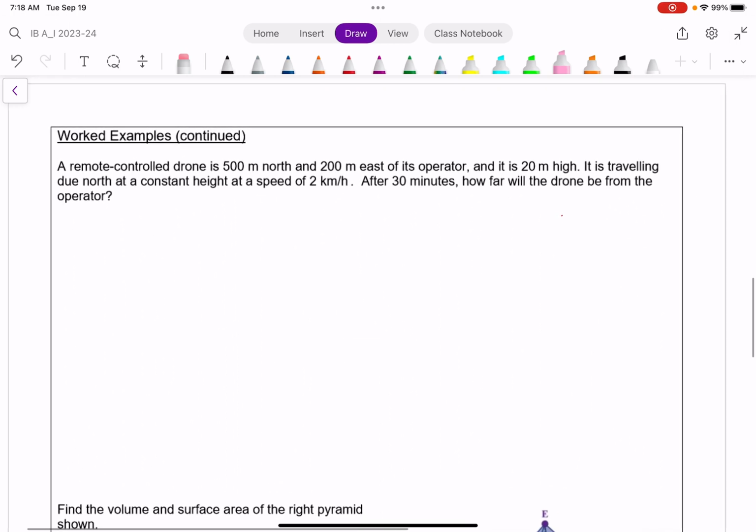All right, so here I want to think about a situation in 3-dimensional space. I have a remote-controlled drone that's 400 meters north and 200 meters east of its operator. Now, just that alone, 400 meters north, we can think of that as being on the y-axis, and 200 meters east, we can think of that as being on the x-axis.